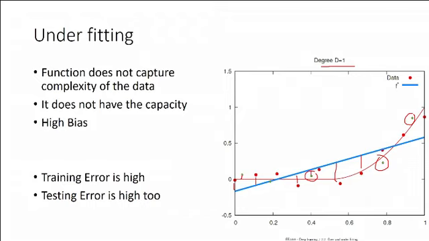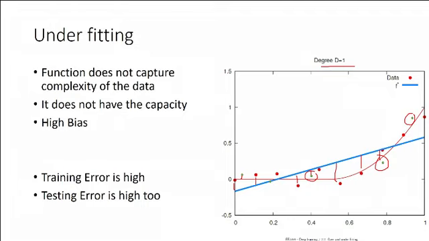Now, the loss function could be high for many reasons. What we are saying here is that when d is equal to 1, regardless of how much training I do, regardless of how much data I provide, my function cannot represent the underlying model, because it doesn't have the capacity to represent it.